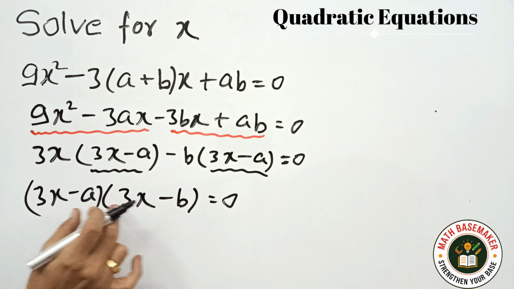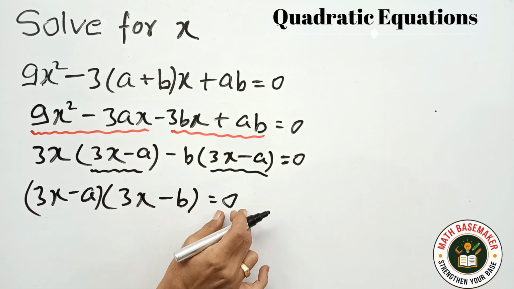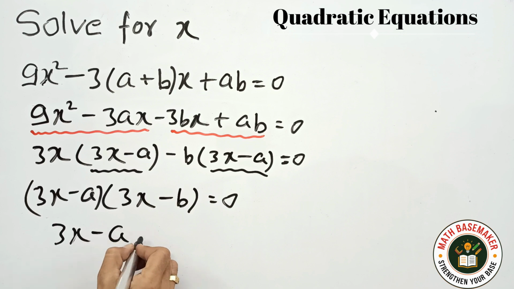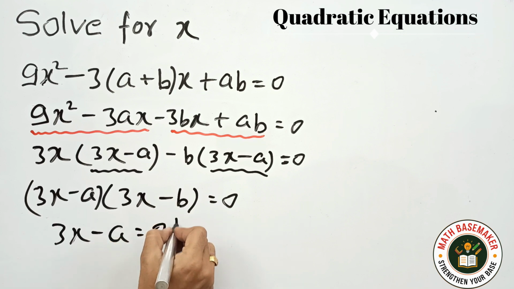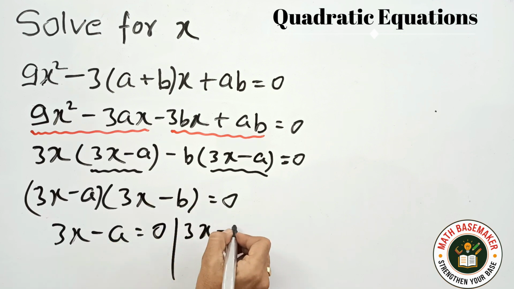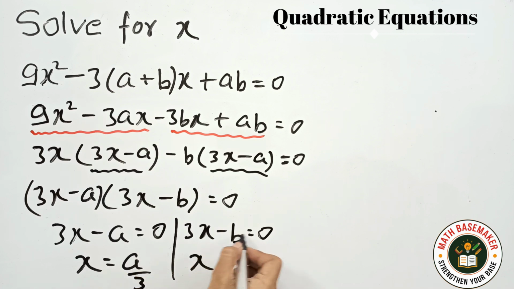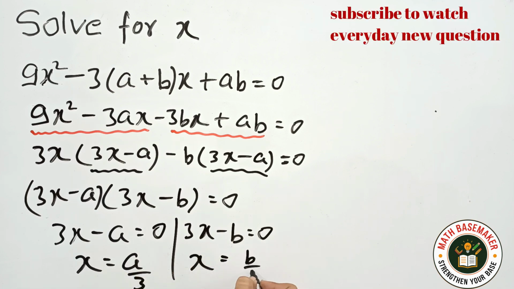Now we'll use the product rule. The product of the two numbers is 0, so we can put each one equal to 0. 3x minus a is equal to 0, 3x minus b is equal to 0. So x is equal to a upon 3, and here x is equal to b upon 3.